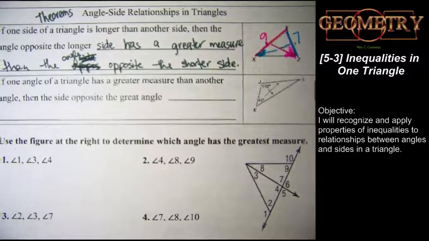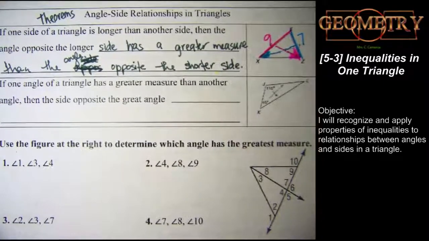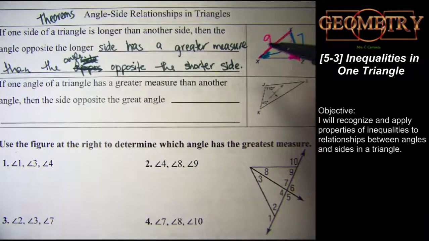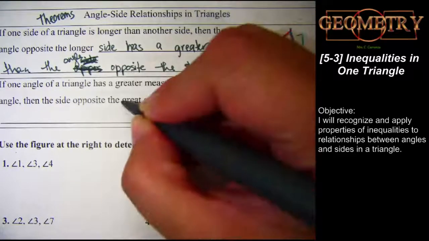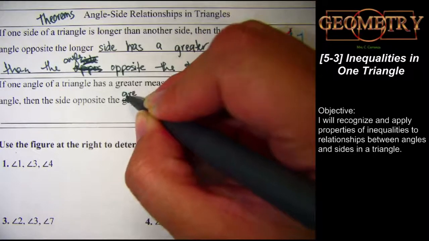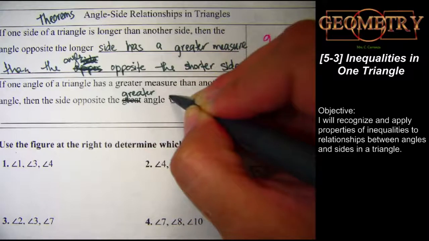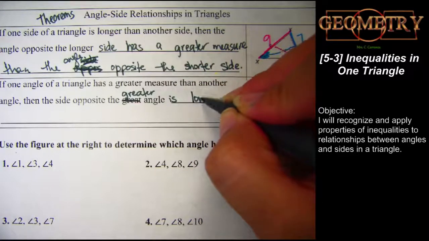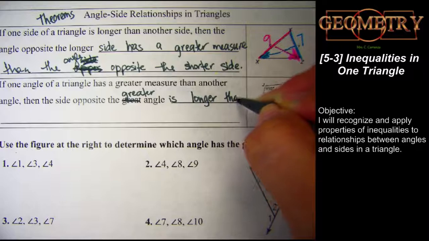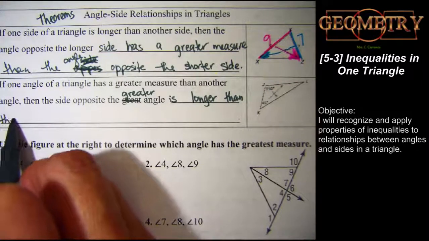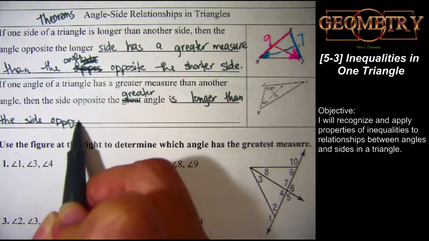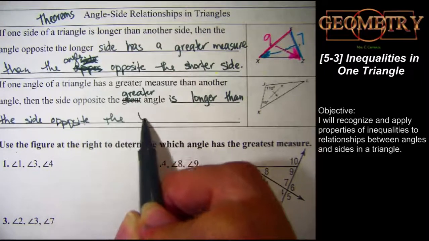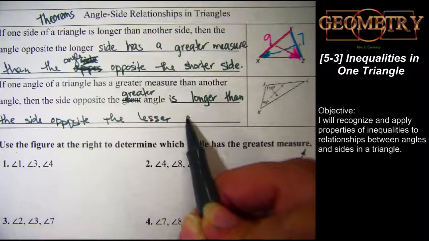The other theorem is the exact same thing, but it goes in the other direction. If I know the measures of the angles, and one of the angles has a greater measure than the other angle, then the side opposite the greater angle is longer than the side opposite the lesser, or smaller, angle.